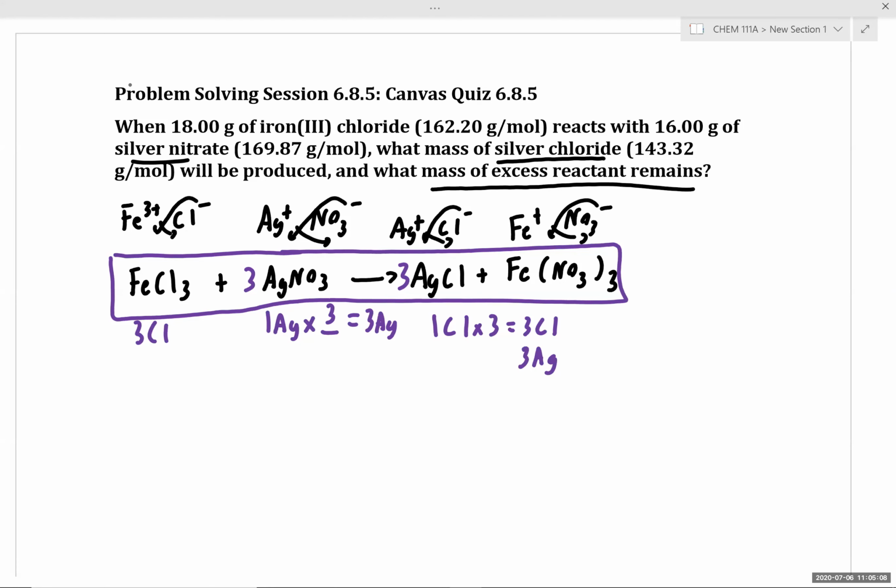And the responses I see in the chat for the expected yield of product look perfect so far. And we'll discuss in about another 2 minutes.